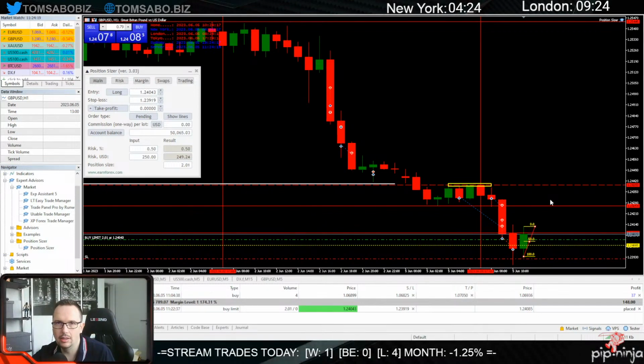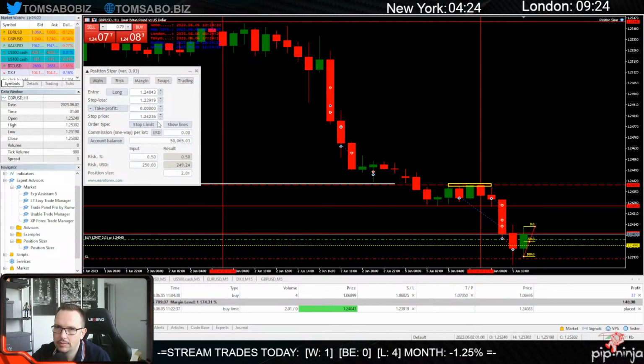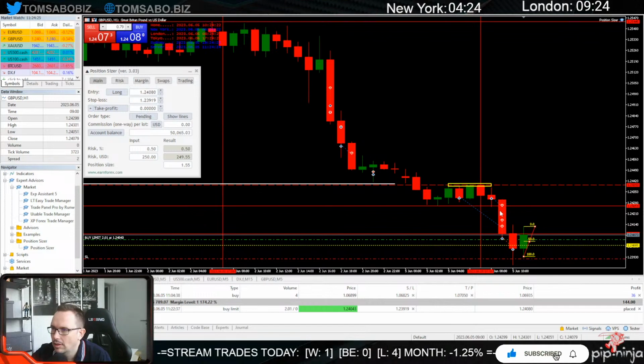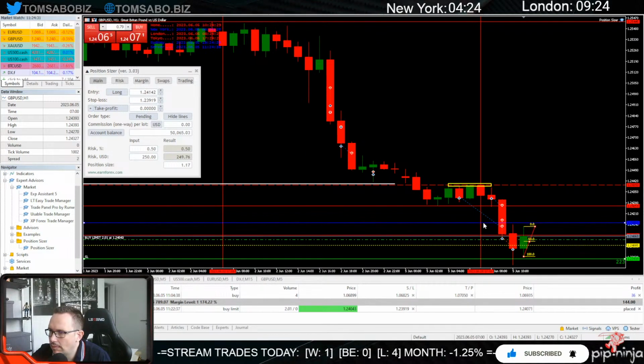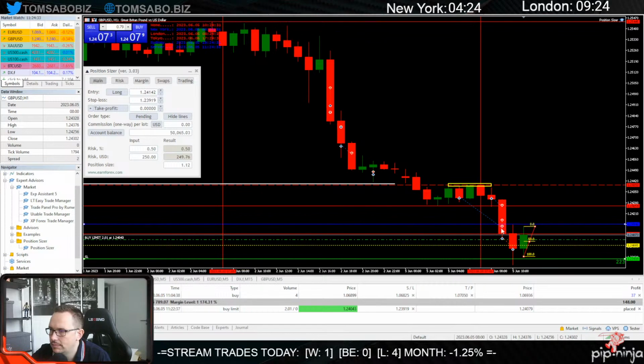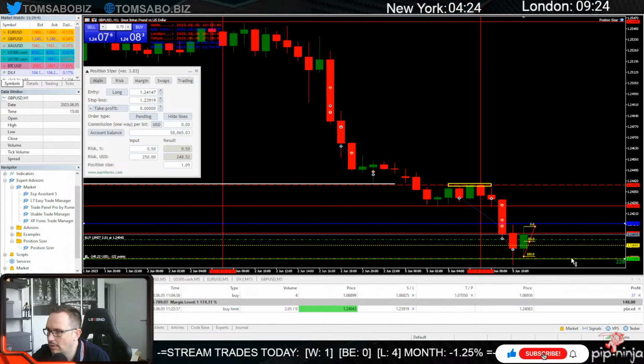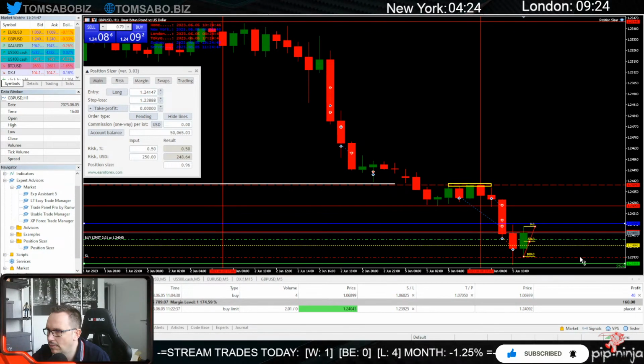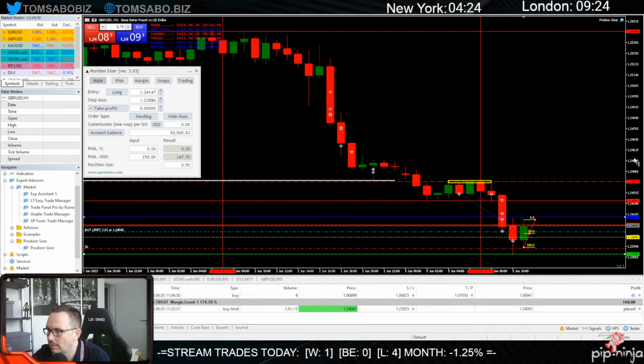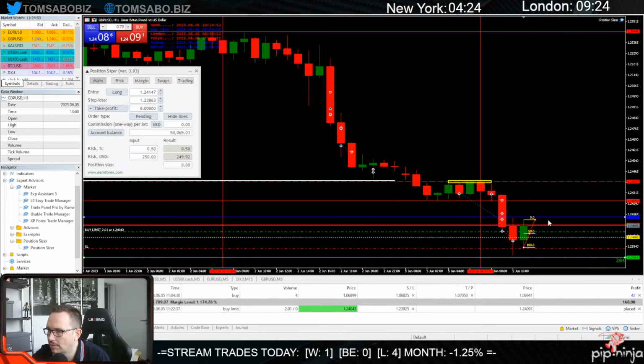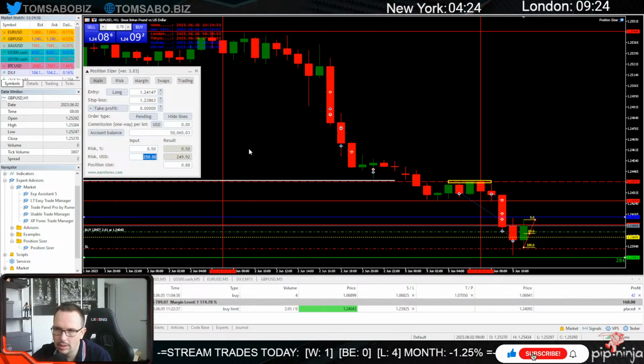I'm going to put another pending order here. But I'm only putting it there if it's gonna break the hourly wick, and it's going to be a swing entry.